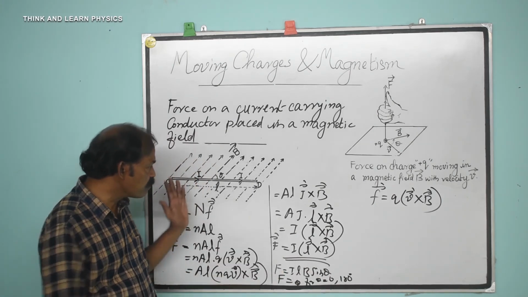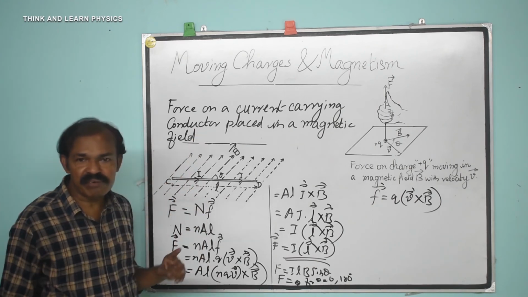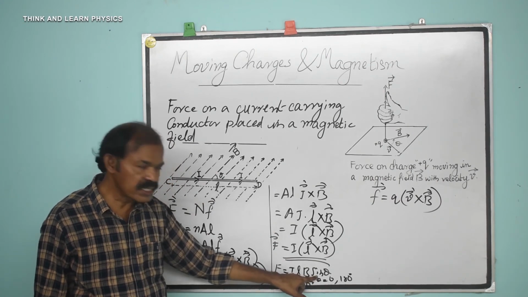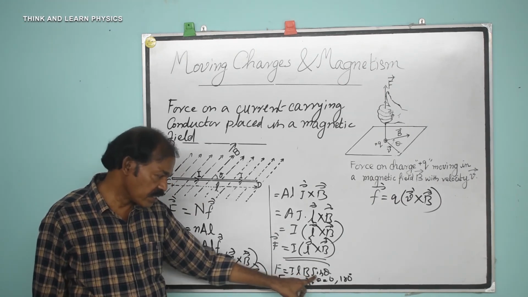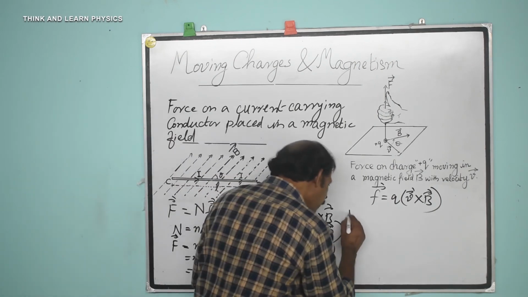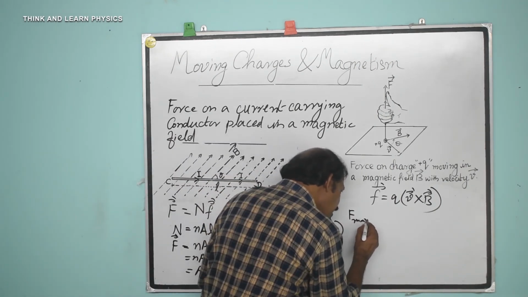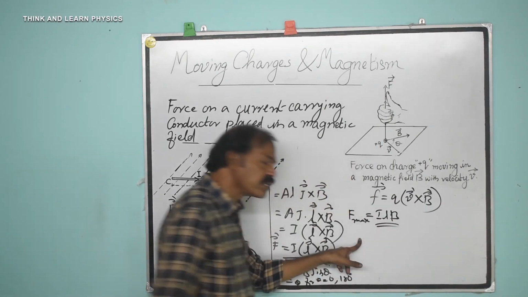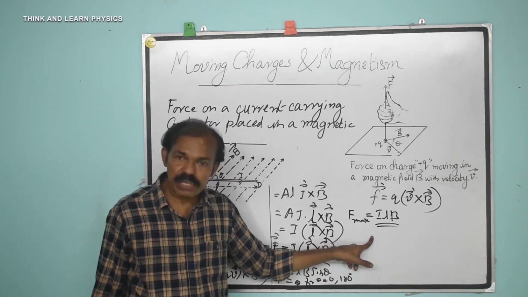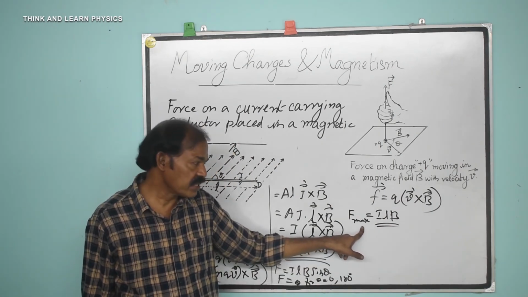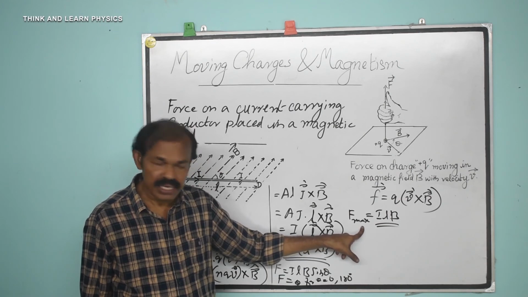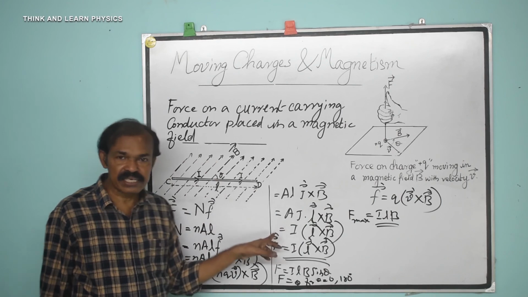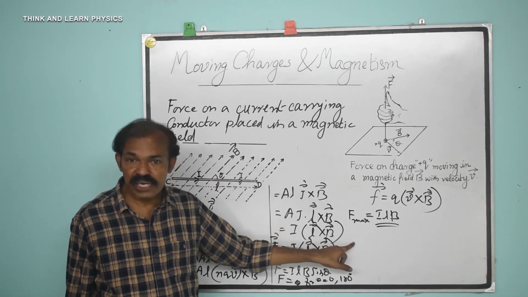That means when the conductor is placed perpendicular to the magnetic field, sine theta becomes 1, and therefore the force takes the maximum value, F max equals I L B. This is the maximum value of the force acting on a conductor when it is placed perpendicular to the direction of the magnetic field.